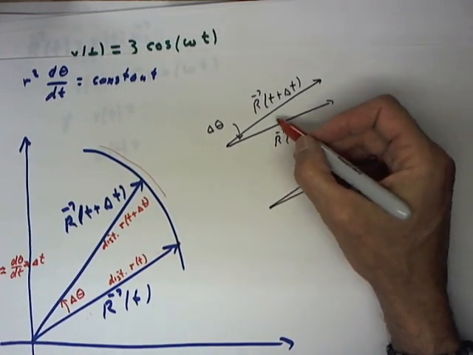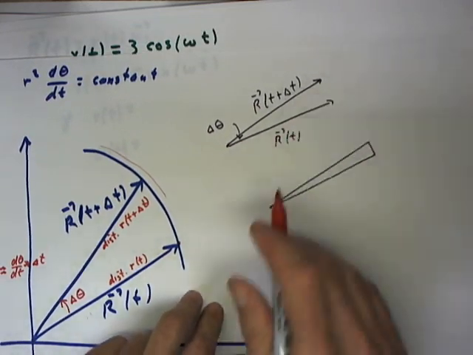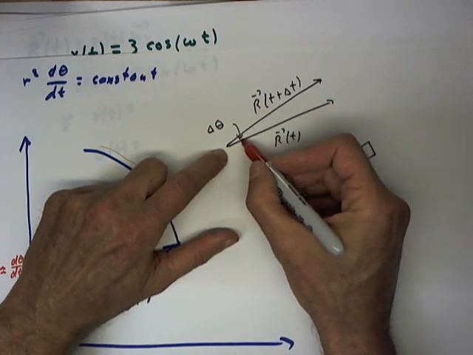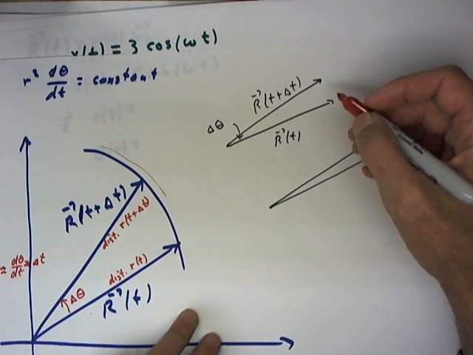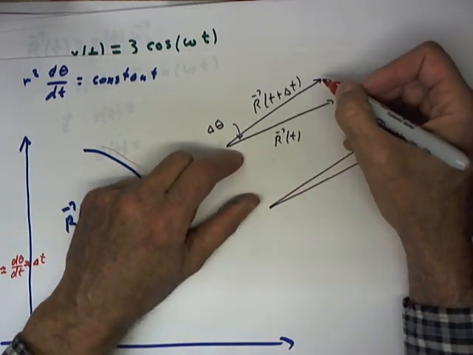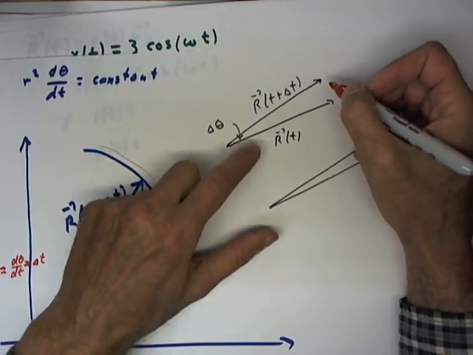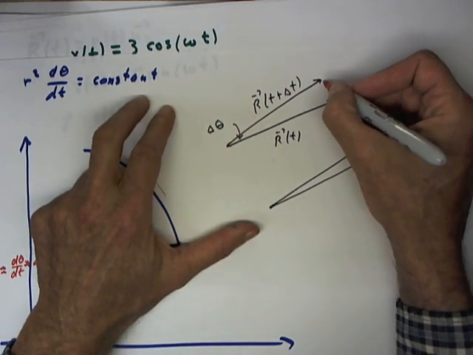Now let's consider the figure where we have an angle delta theta, which we understand to be dθ/dt times delta t, and a vector r of t that doesn't change too much in magnitude between two points.